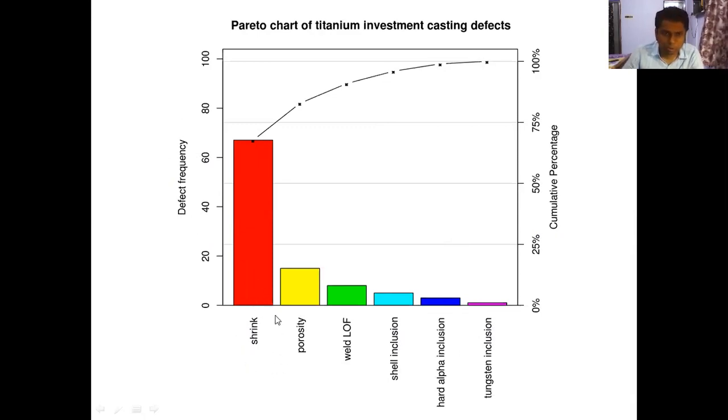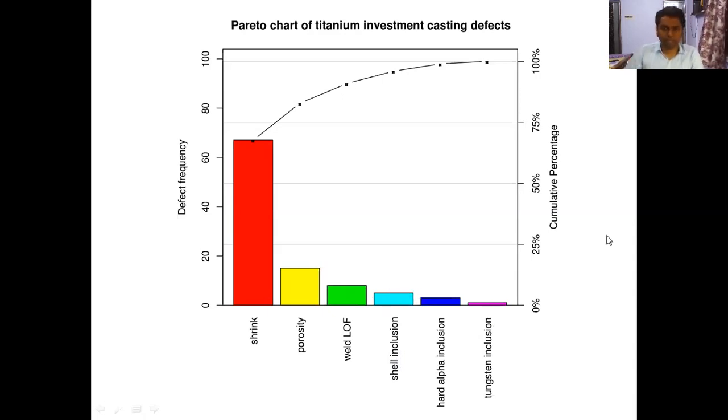You can see that shrink has a frequency of almost 70, whereas porosity has a frequency of 10. Weld has a frequency of near about 5 or 7. Shell inclusion has very low defect frequencies.